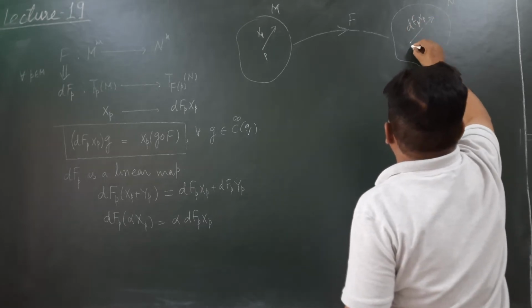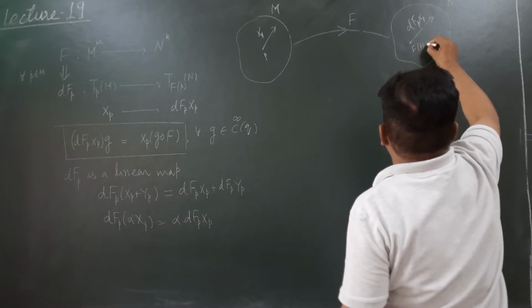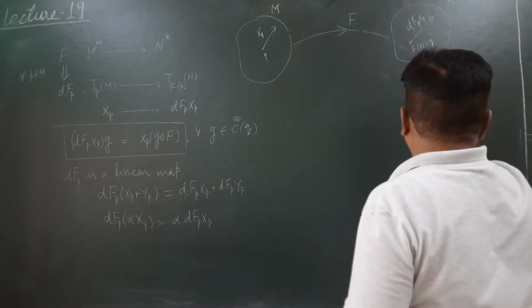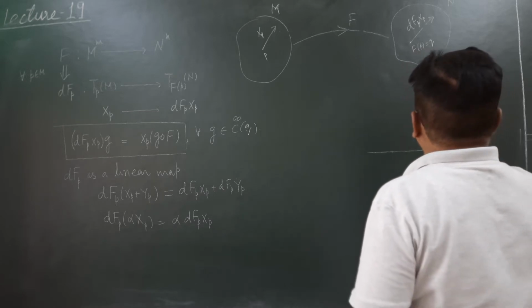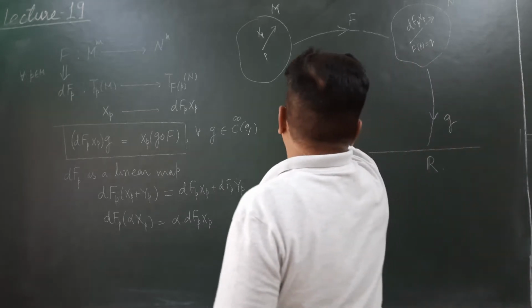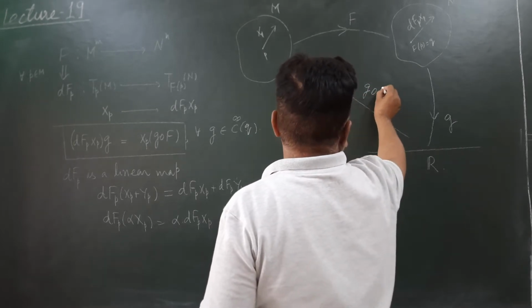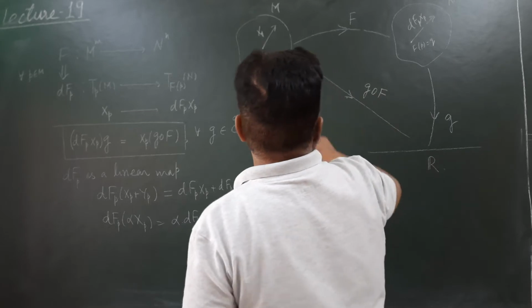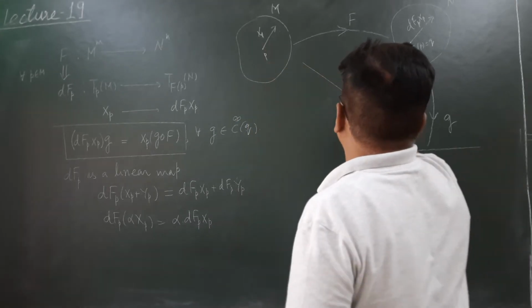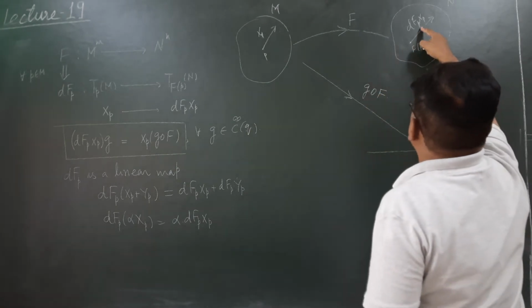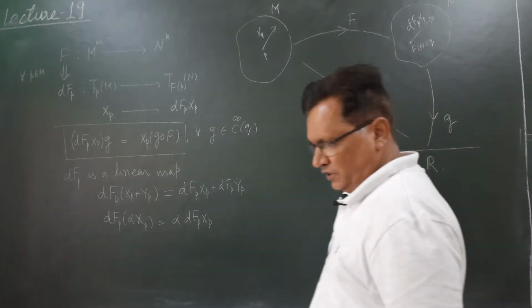It is mapped at the point F(P), that is Q, and we had considered a real valued function on N, and we obtained a real valued function on M, that is g composition F. So, when X_P operates on g composition F, it gives me the same value as when DF_P X_P operates on g.